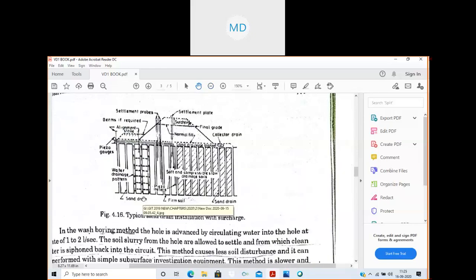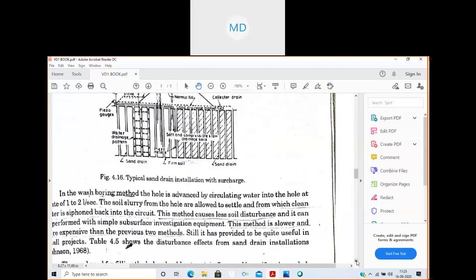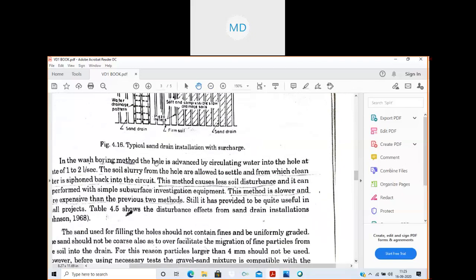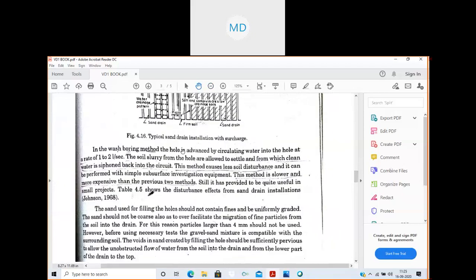And there are various methods of installation. One we have studied, the displacement method. Next is the wash boring method. In the wash boring method, the hole is advanced by circulating water into the hole at a rate of 1 to 2 liters per second.